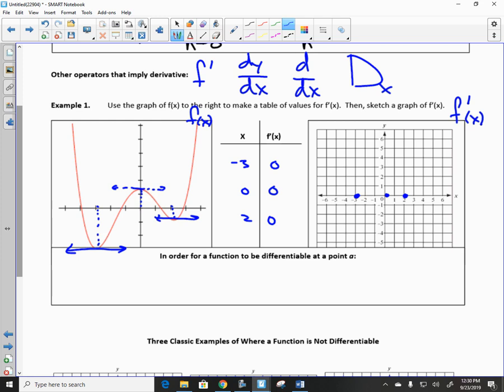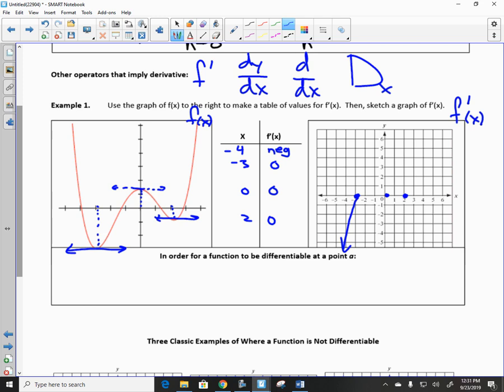So you can see for all values that are less than -3, we'll say like -4, that f prime of x is going to have negative values. So therefore, it's going to sit below the x-axis. Everybody see? Negative slope, so therefore the graph sits below the x-axis.